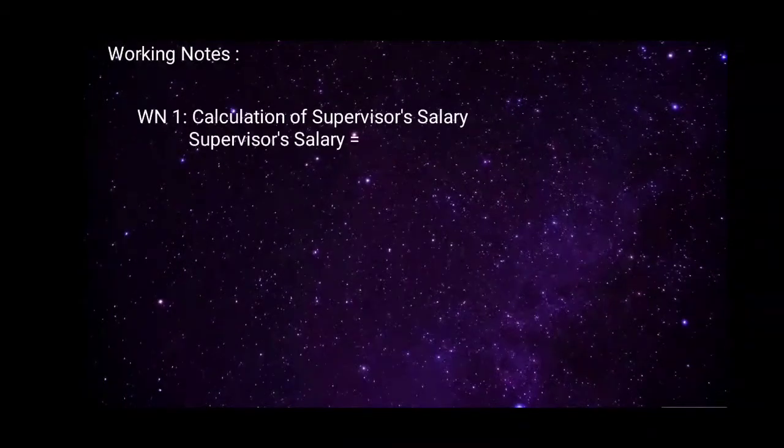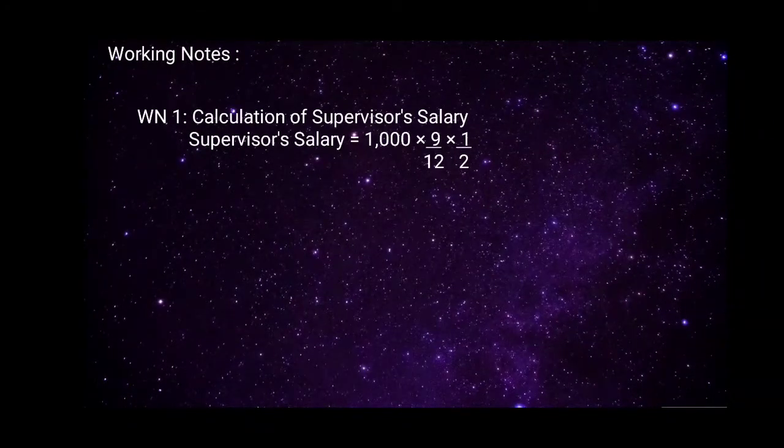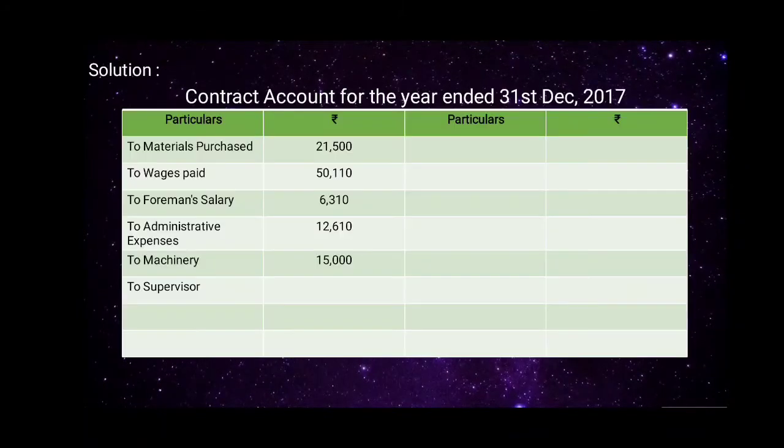Supervisor's salary is equal to 1000 into 9 divided by 12, that is for 9 months, into 1 divided by 2, that is half of his time, which is equal to rupees 375. So we'll record it in the contract account. To supervisor, amount will be 375.